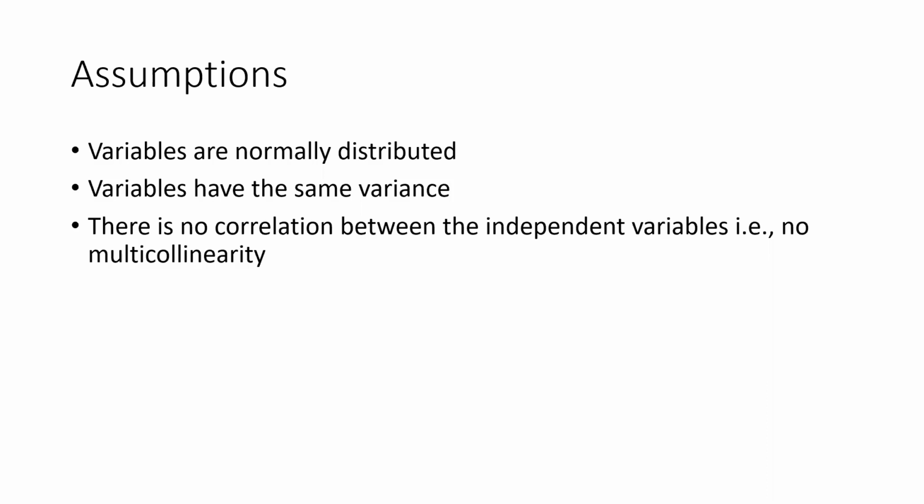It draws a line in the sample space that you have in order to achieve the best classification. That is why the assumptions for linear discriminant analysis are very similar to the assumptions for the linear regression technique.